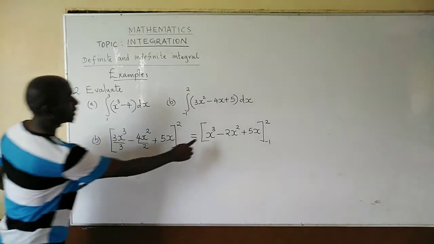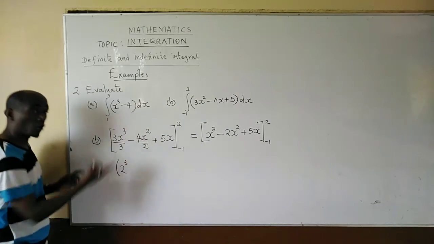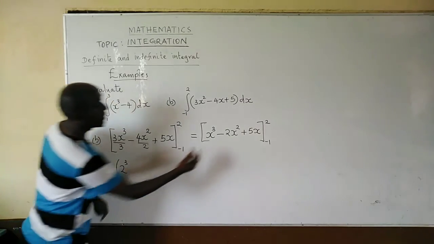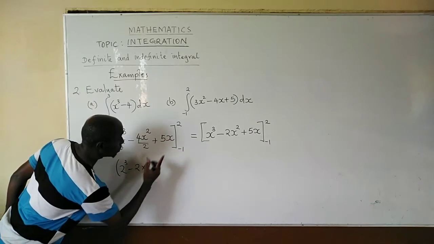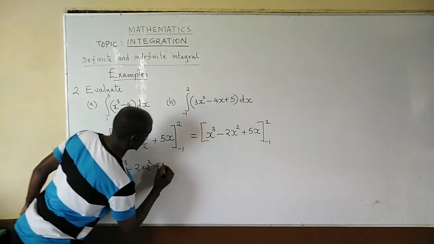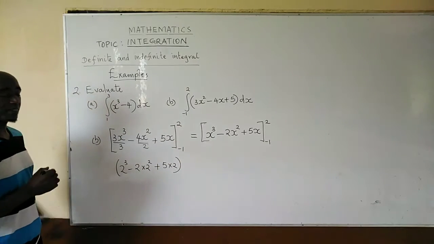You will have 2 cubed, and open brackets first. Then put 2 cubed minus 2 times 2 squared plus 5x, that is 5 times 2. Close the bracket. That is for the upper limit.